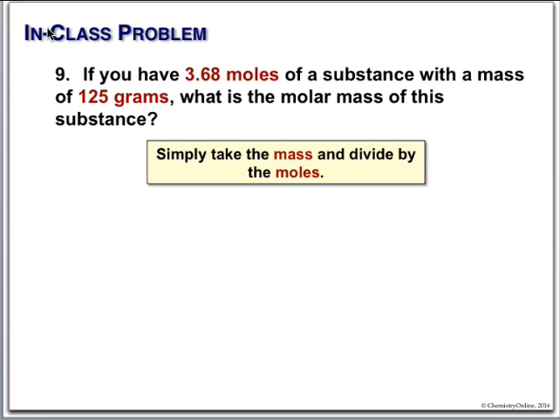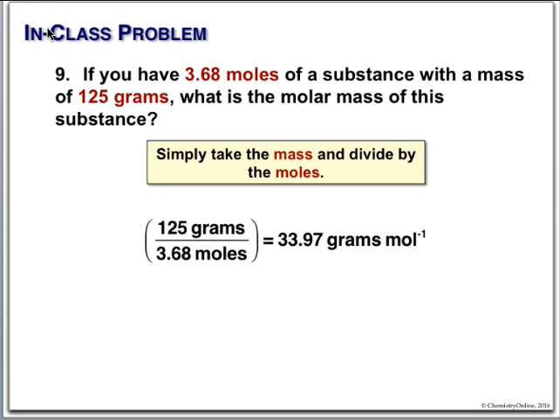This is by definition grams per mole. 125 grams, and we're given we have 3.68 moles. Simply do the division, nothing cancels. Do the division, and we have 33.97 grams per mole.